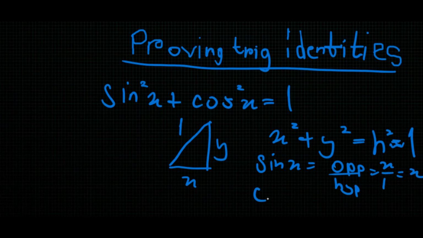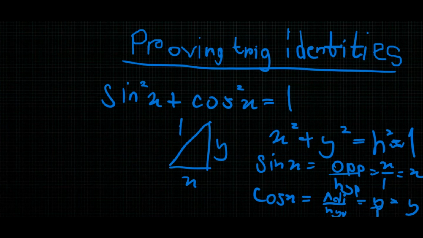And we know cosine x is adjacent by hypotenuse, which is y by 1, or just y. So I've shown that sine x equals x and cosine x equals y.